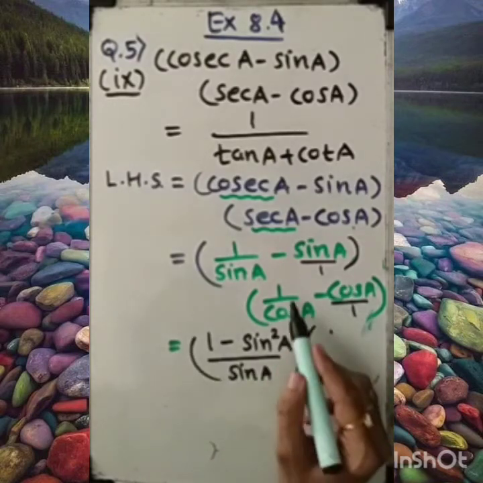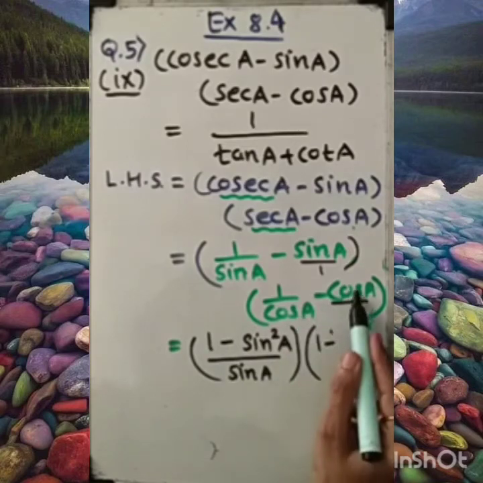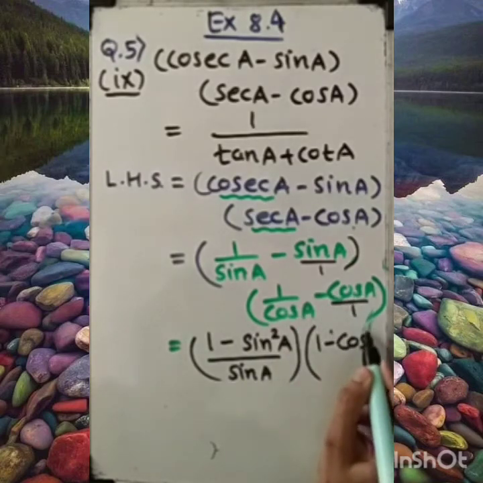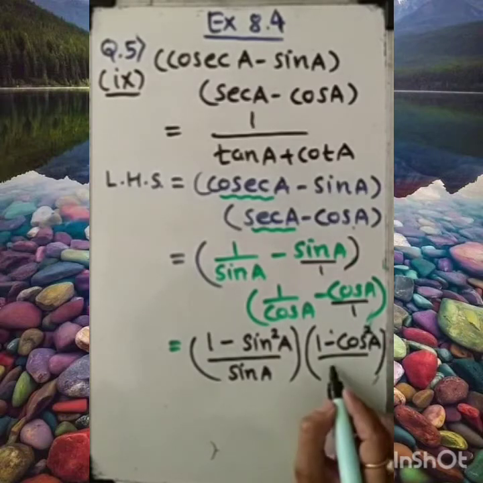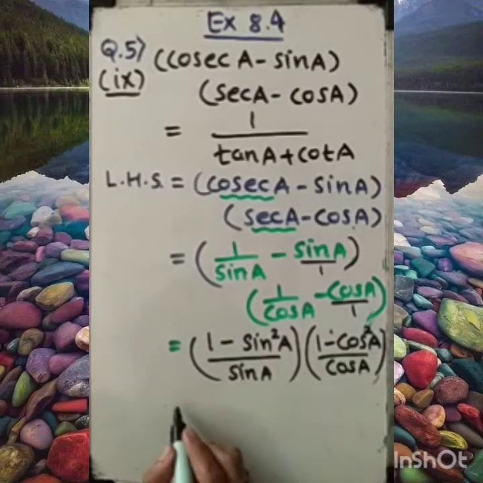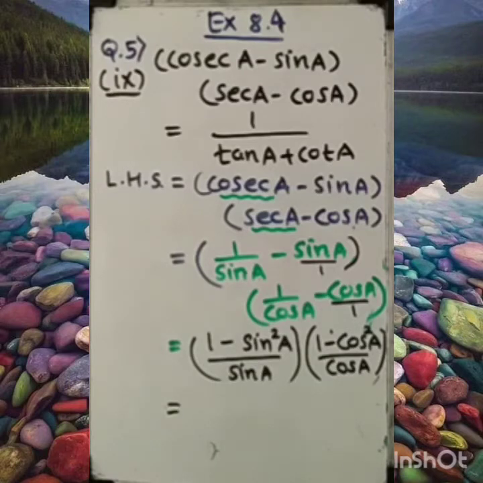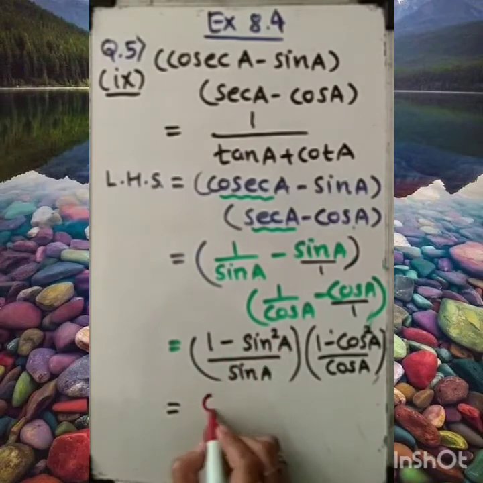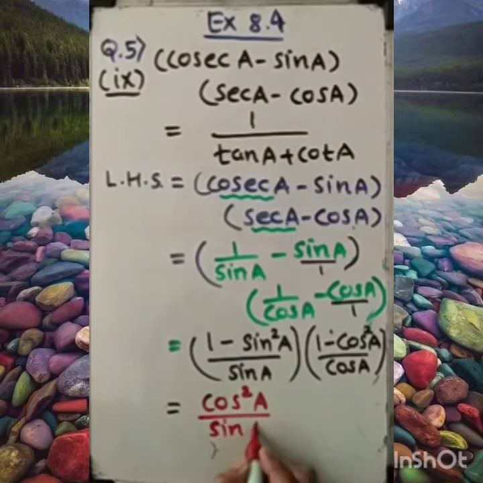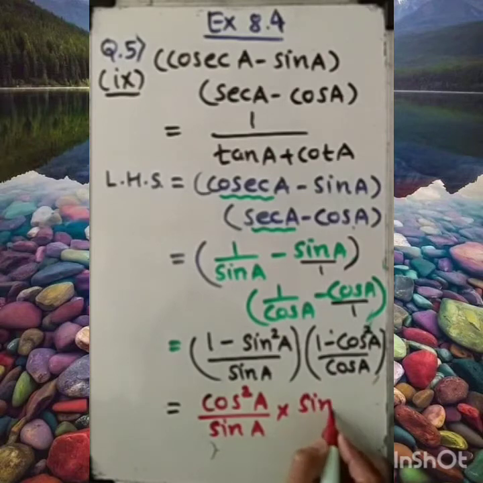Same procedure here: 1 minus cos A into cos A, that is cos square A, upon cos A. Now we know very well the identity, application of identity. What is 1 minus sin square A? Of course, 1 minus sin square A is cos square A, upon sin A. And 1 minus cos square A is sin square A upon cos A.